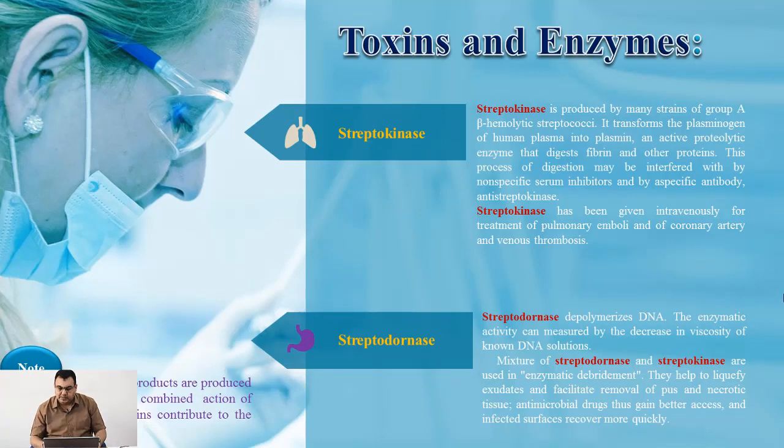Toxins and enzymes. Streptokinase. Streptokinase is produced by many strains of group A beta hemolytic streptococci. It transforms the plasminogen of human plasma into plasmin, an active proteolytic enzyme that digests fibrin and other proteins. This digestion may be interfered with by nonspecific serum inhibitors and by specific antibody, anti-streptokinase.